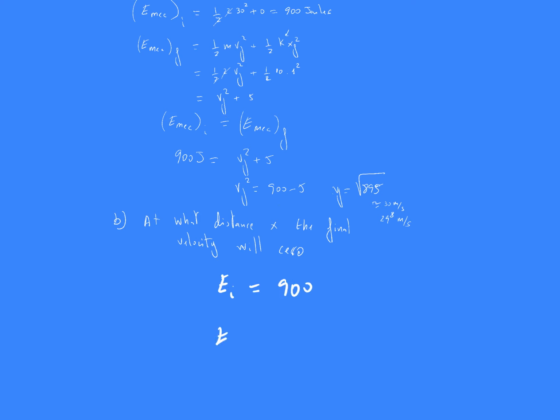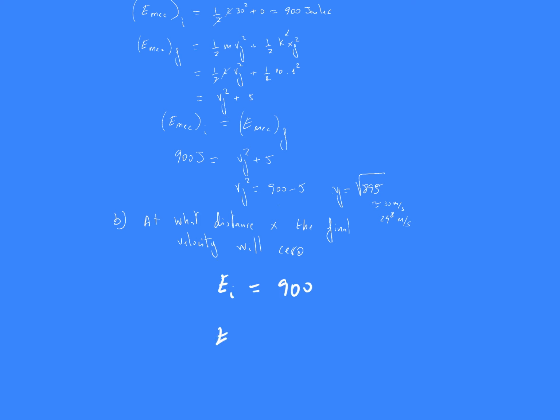So reordering this, I will have that K final plus potential energy final will be K initial plus potential energy initial, or in other words, the mechanical energy at the initial point equals the mechanical energy final. And this is the principle of conservation of energy.